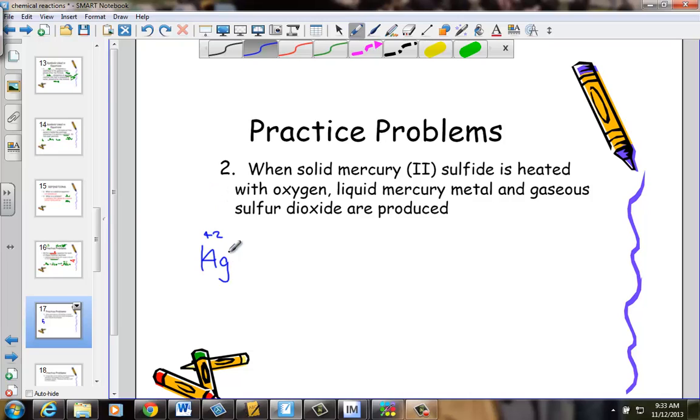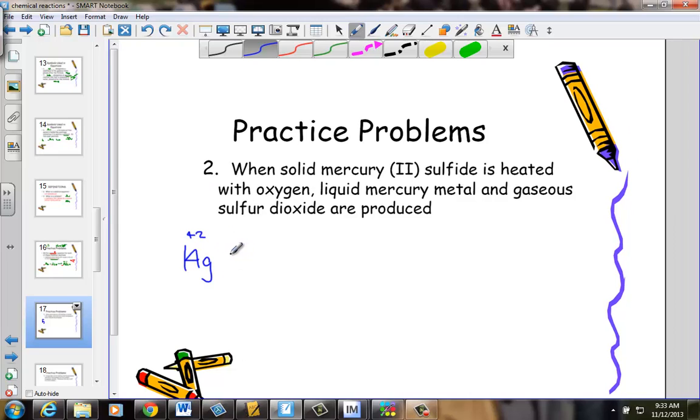Its last name is sulfide. We have S. Sulfide hooks with a -2. Mercury 2 sulfide, HgS. The little solid adjective goes on right after it. HgS, +2 with a -2.